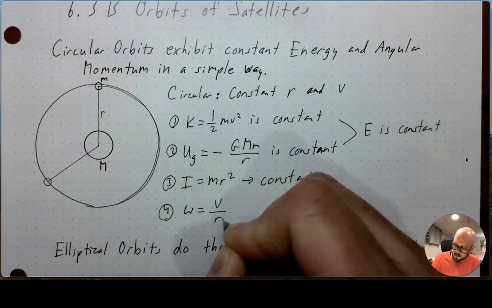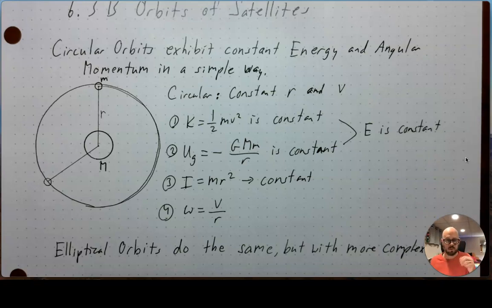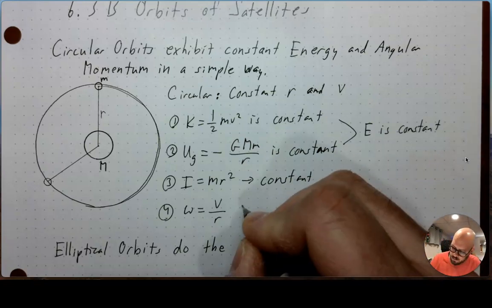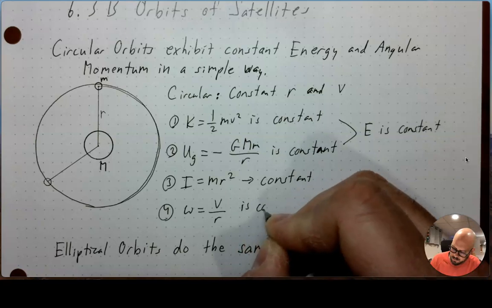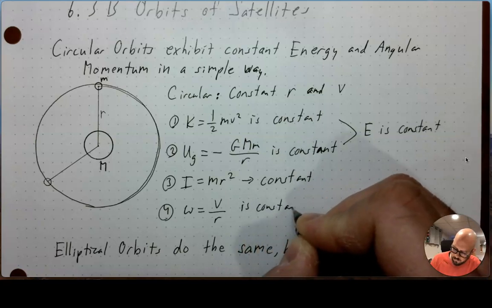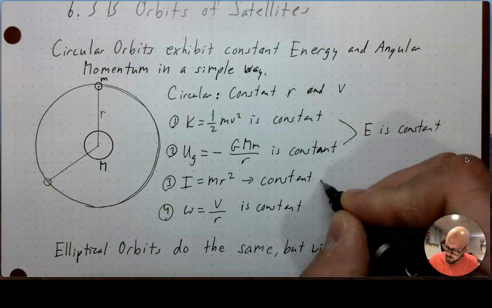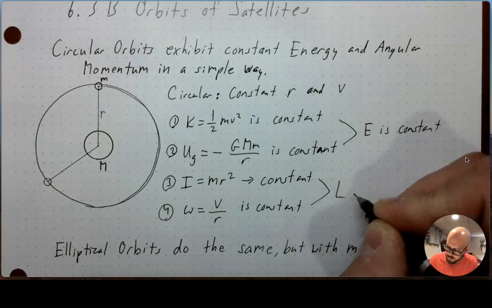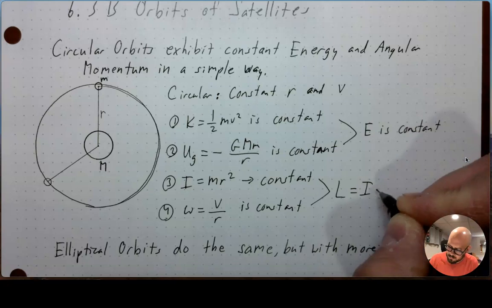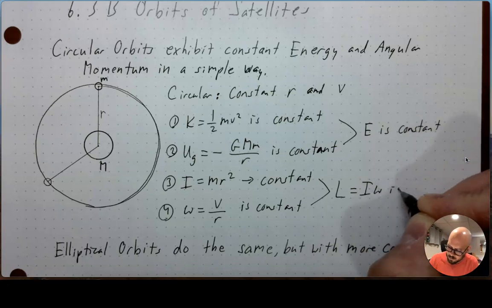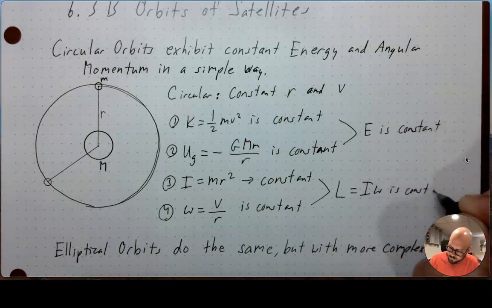So v over r is how we would convey angular velocity, which is also constant. And so the rotational inertia and the angular velocity are constant for this satellite in a circular orbit, and that combines to tell us that the angular momentum, I omega, is also constant.